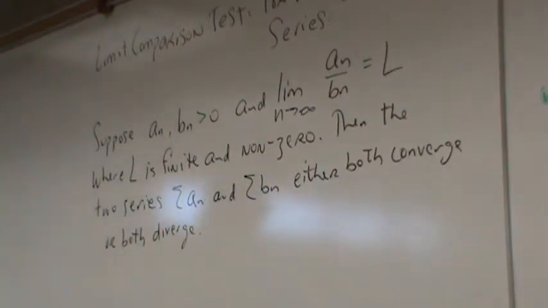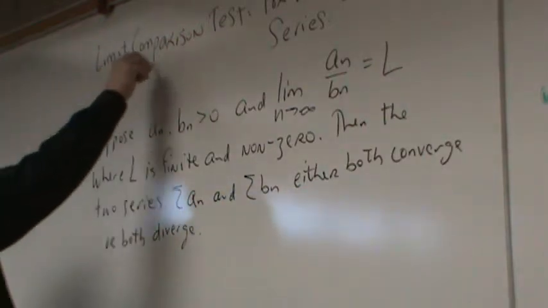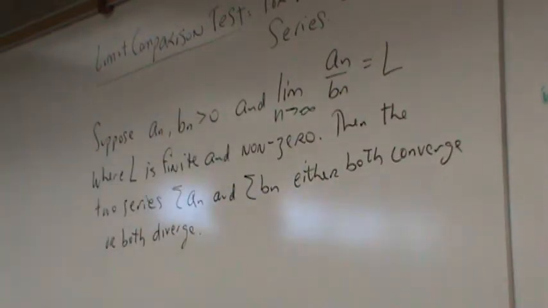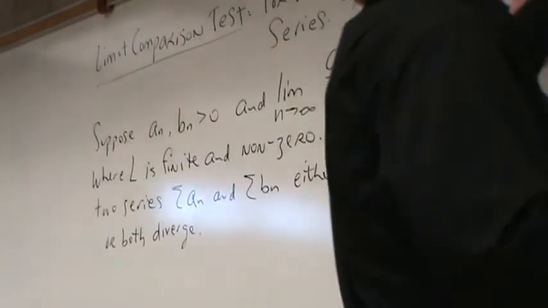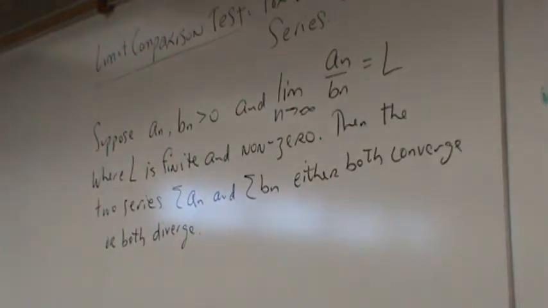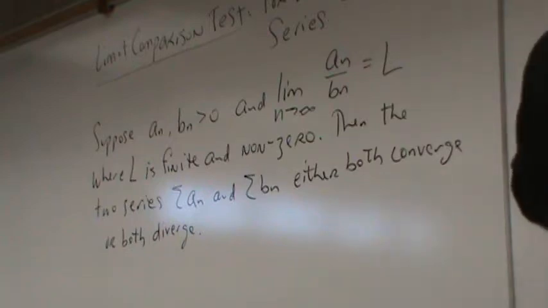That's the point of the limit comparison test. You're going to compare two series, and if you do the ratio of their infinitieth terms, if that ratio ends up being a finite non-zero number, then they both do the same thing.